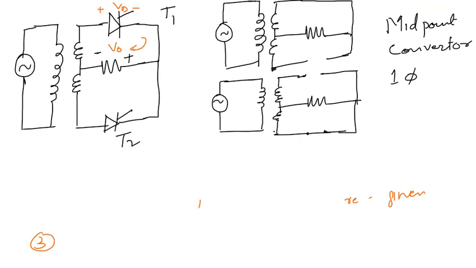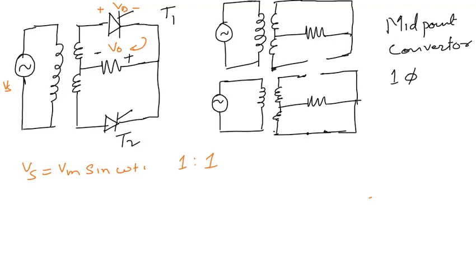As per the polarity, initially this is my Vs, and Vs will be Vm sin omega t. The transformer ratio I am considering as 1:1.